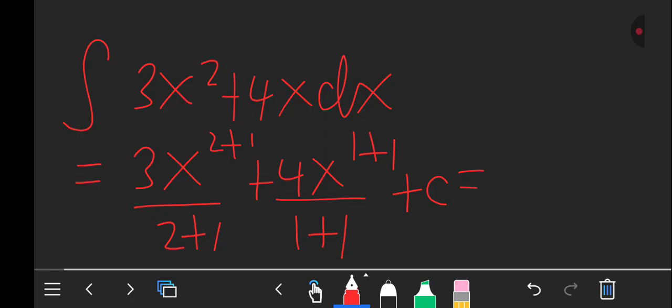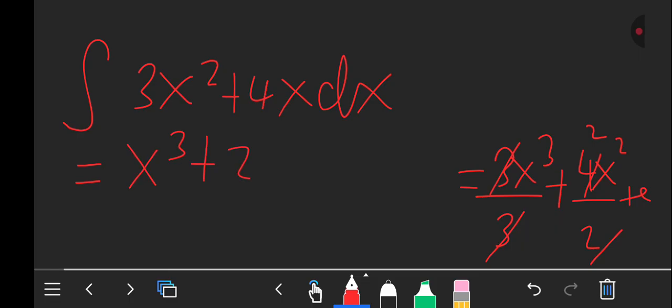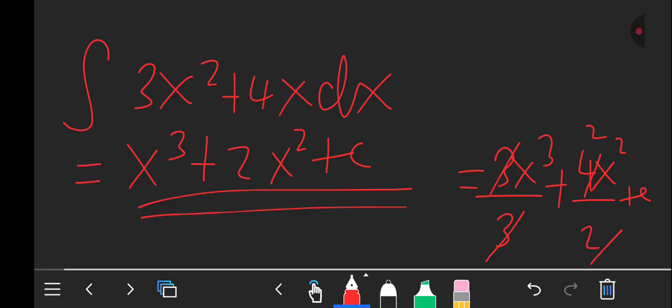The answer you get is 3x cubed over 3, plus 4x squared over 2, plus c, of course. If you evaluate that, 3 into 3 is 1, and 4 divided by 2 is 2, so you'll have x to the power 3 plus 2x squared plus c. So this is the integral. You need to add the arbitrary constant because this is an indefinite integral.